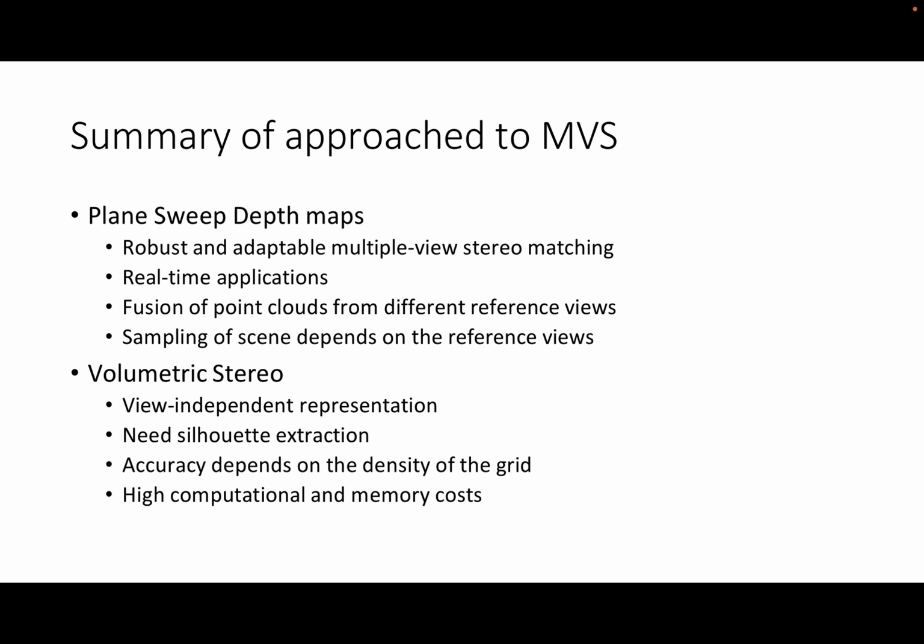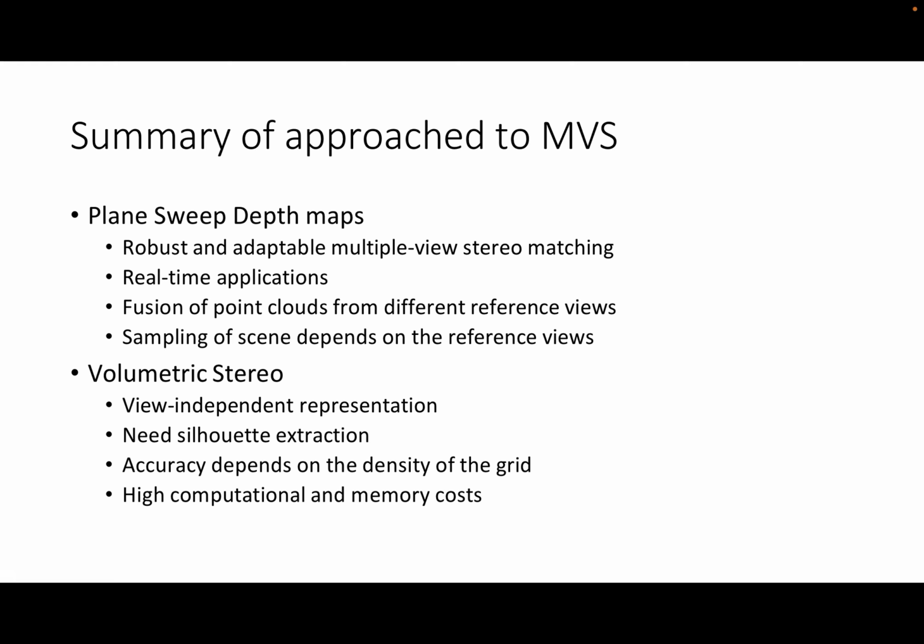So here is a summary of approaches to MVS. Plane sweep depth maps: robust and adaptable multiple view stereo matching, real-time applications, fusion of point clouds from different reference views, and sampling of scene depth depends on the reference views. Let's check one by one.